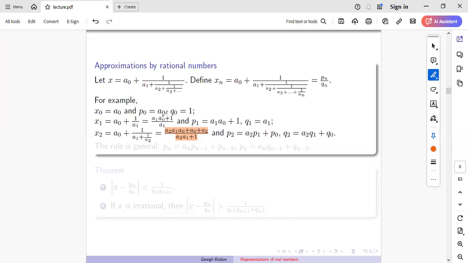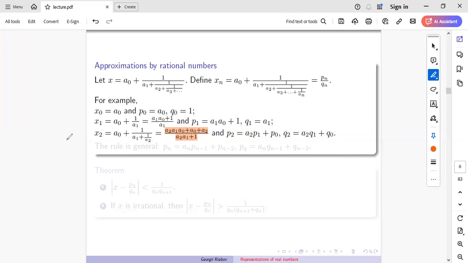And a0 is p0. So p2 is actually a2 p1 plus p0. And q2 is a2 q1 plus q0 because q1 is equal to a1 and q0 is equal to 1.